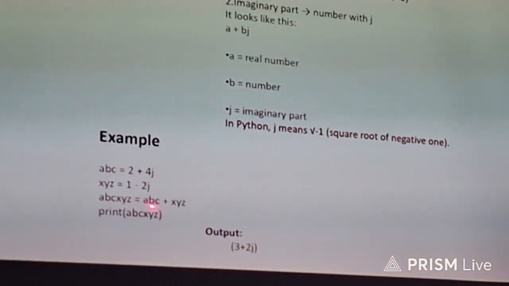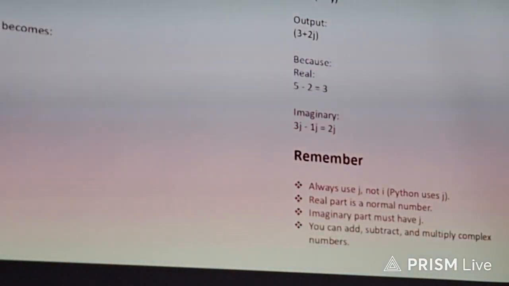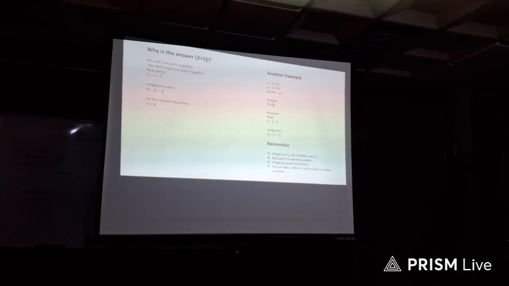So if you say print ABC XYZ, meaning you create a new variable and you store these two variables inside, and if you want to print it, you call this. Are we together? Then the output will be 3 plus 2J. Don't worry, don't do it. Let's pass there. It's just for you to have the idea.